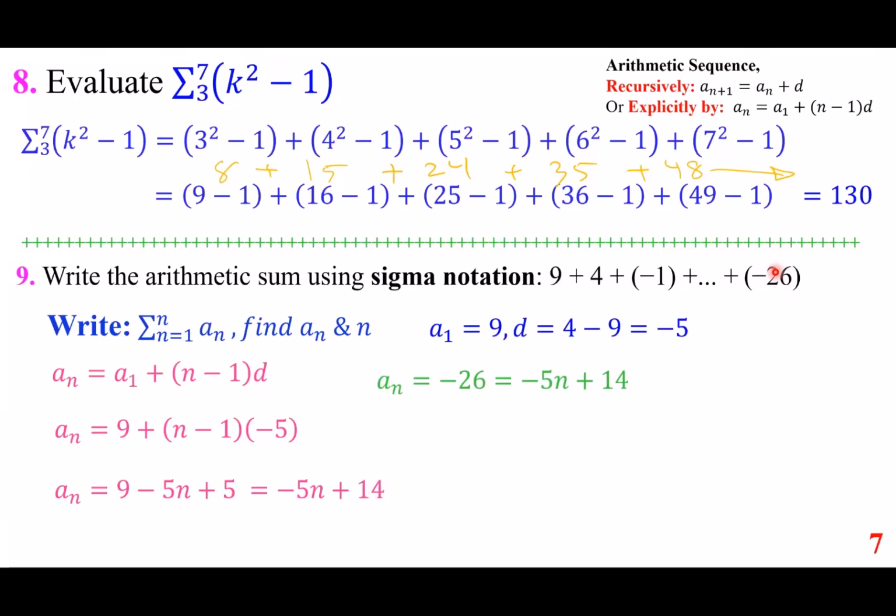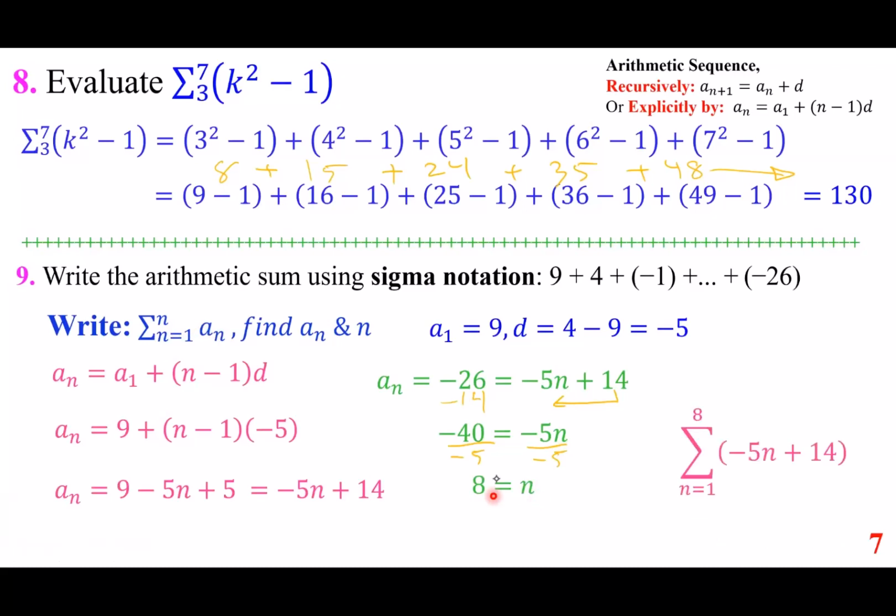If I move the 14, it becomes negative, I have -40 divided by -5, and n becomes 8. Therefore, we have a sub n, which is this value, from n equals 1 to n, which is this value, 8.